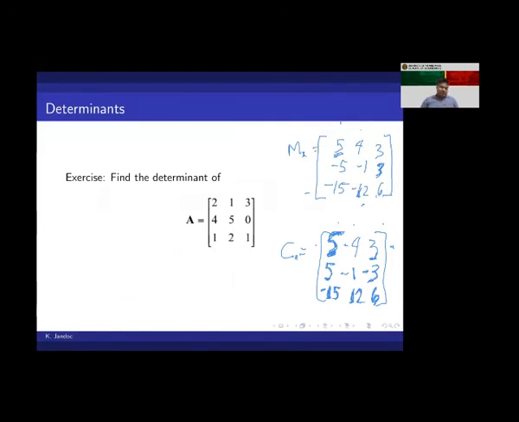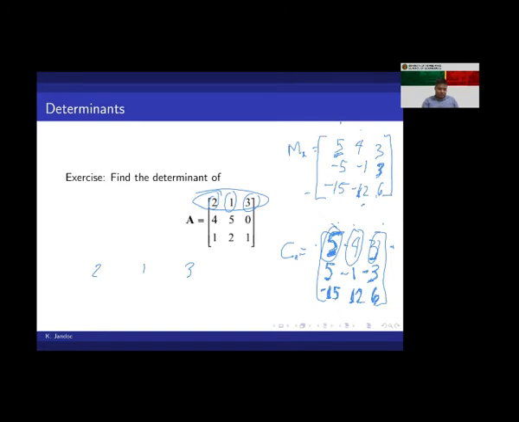Again, now, this is the final part. We have to determine what the determinant is. So how do you, again, compute the determinant? Just pick any row or column. Okay? Suppose we pick this row in A. So 2, 1, 3. Okay? And then for each of the entries, we multiply it by the associated cofactors.